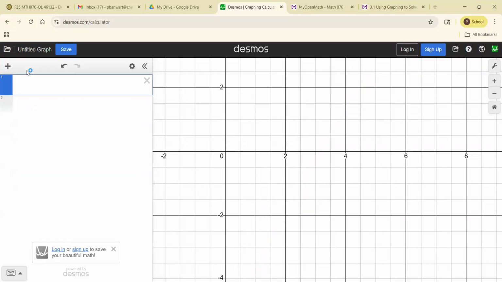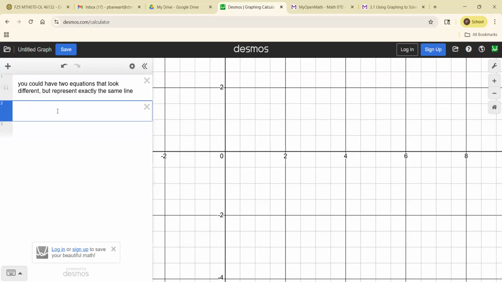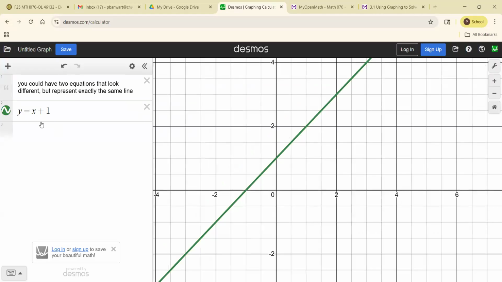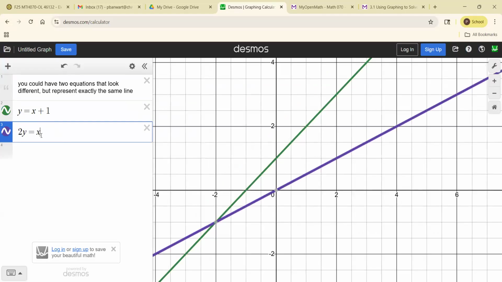The other possibility is you could have two equations that look different, but represent exactly the same line. For example, if I had y equals x plus 1, and then I also had 2y equals 2x plus 2. The equations look different, but one is directly on top of the other.